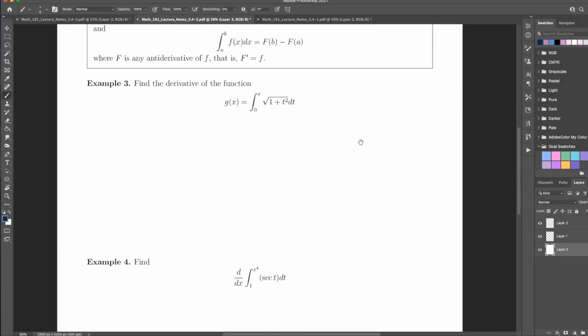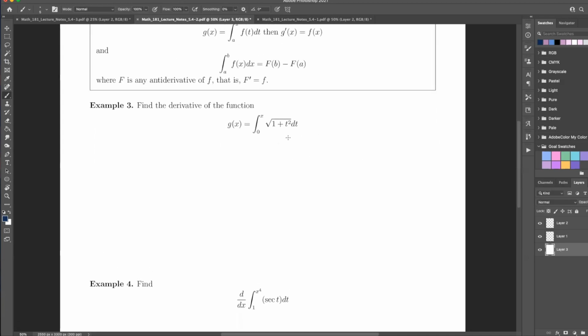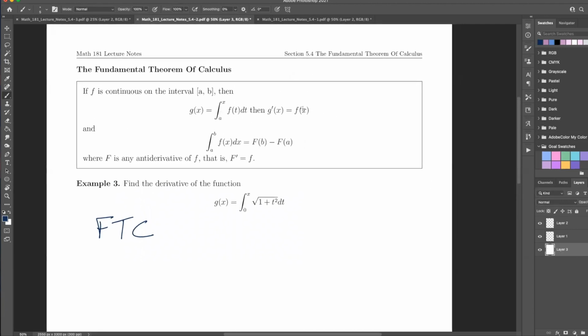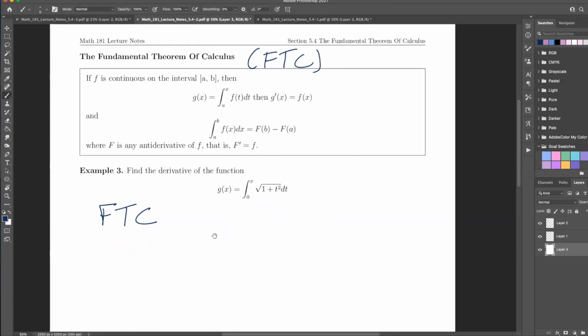All right, so for here, let's take the derivative, and we're just going to write the fundamental theorem of calculus, or FTC. So if you ever use the fundamental theorem of calculus, you can just write FTC. Almost all mathematicians know what you're doing.